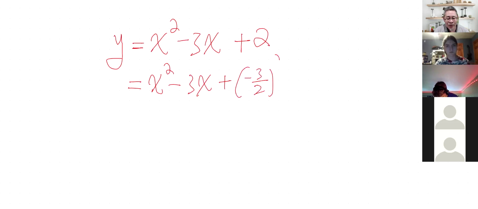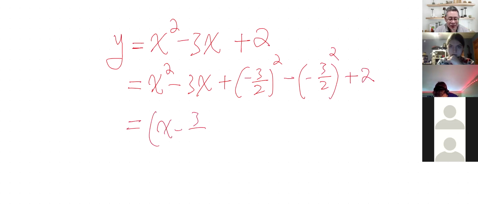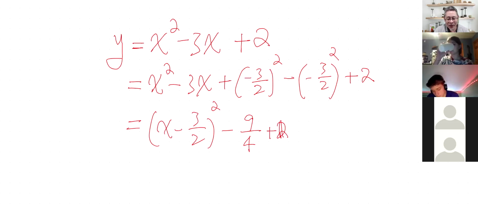And anything we add, we have to take it out, because we really don't want to change the function, but we change how it gets expressed. So here we got (x minus 3/2) squared minus, and this one will be 9/4. Negative squared is positive. And of course, 2 we can write as 8/4. So what we got is (x minus 3/2) squared minus 1/4.